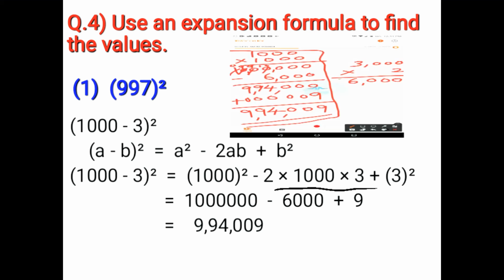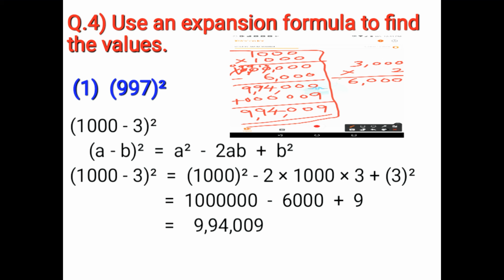Here I have done it. Check it. 1000 into 1000 I got 10 lakh, minus 2 into 1000 into 3. 1000 threes are 3000, and 3000 into 2, 3 twos are 6, then I have to add 3 zeros. That's why I am getting 6000.